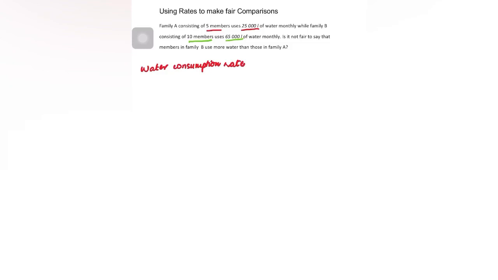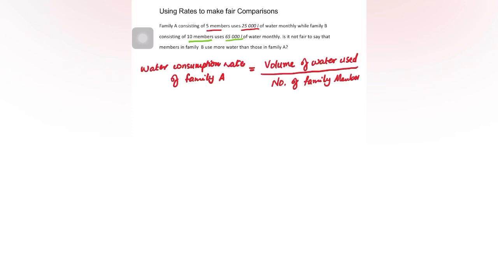So what we have: water consumption rate of family A. This is equal to volume of water used, the total volume of water that they are using, divided by number of family members. So what is the volume that they use?